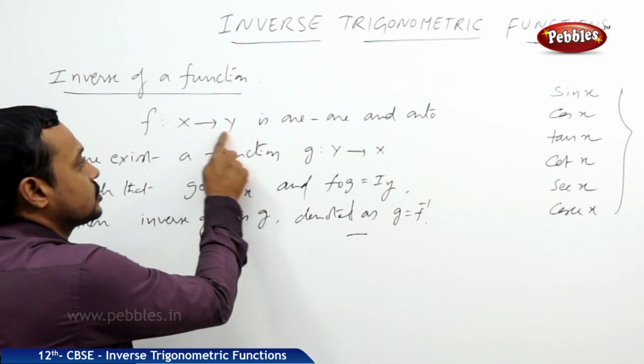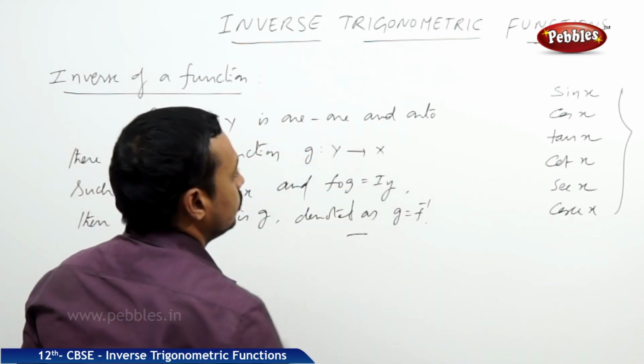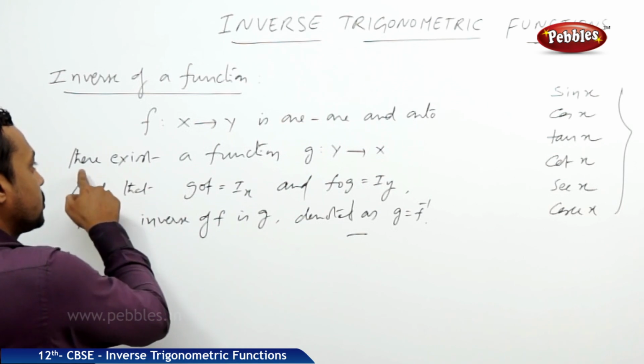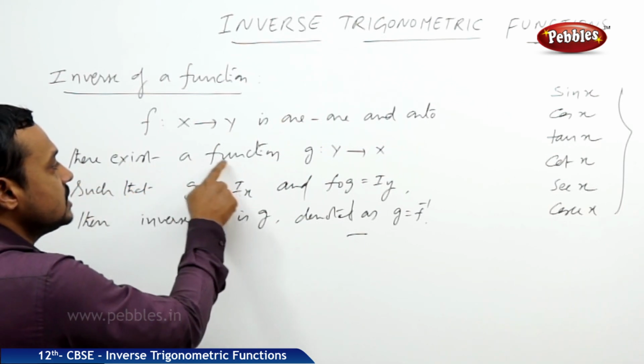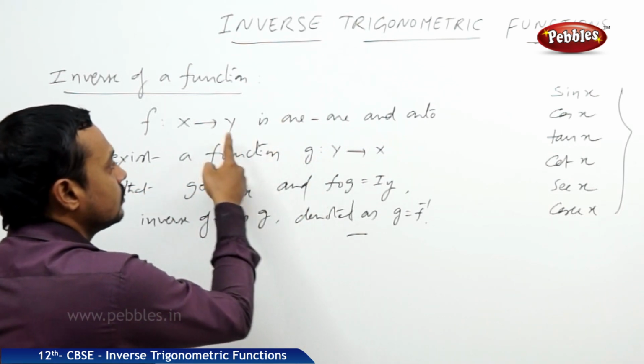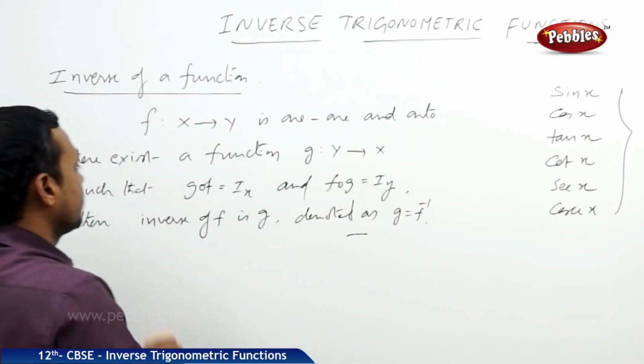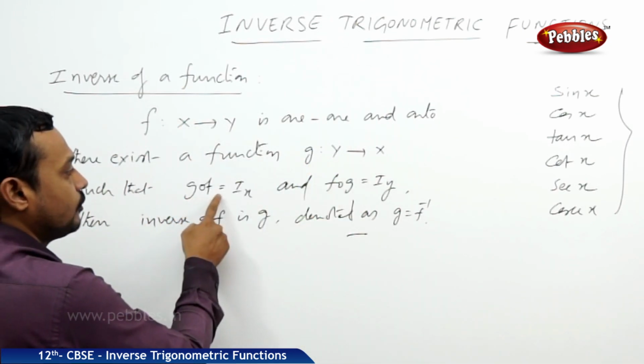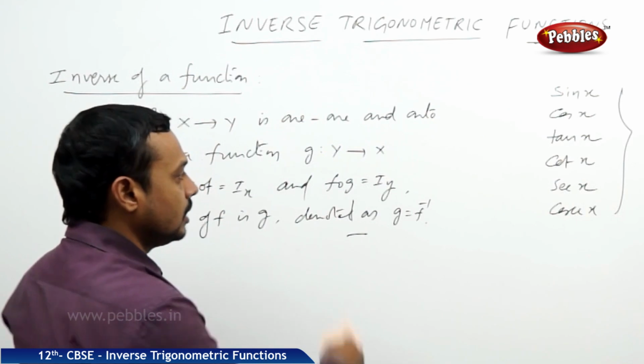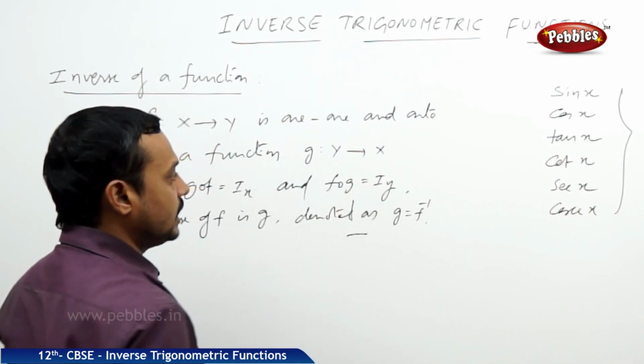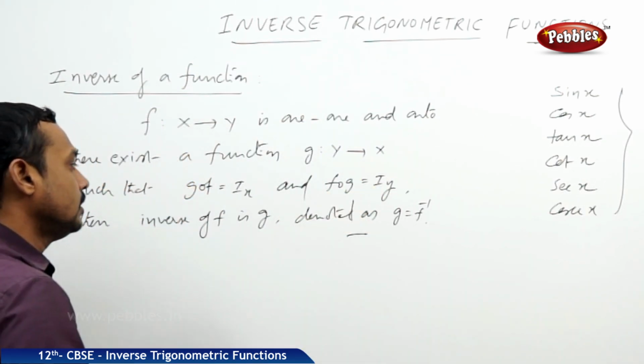f maps x to y is 1 1 and onto function, bijective function. Then there exists a function g from y to x such that g circle f is identity function, f circle g is also identity function defined from y to y.